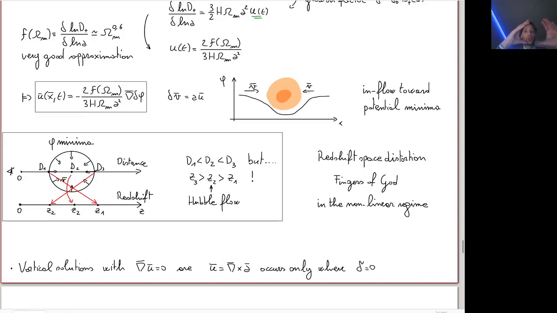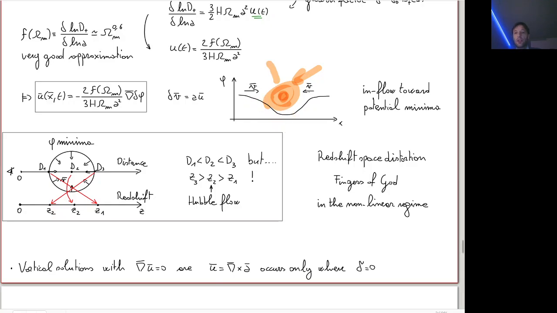How should the acceleration and the velocity caused by the gravitational force of this material be? Well, they should point along the direction of the center of this overdensity, meaning the velocity field must be aligned with the gradient of the gravitational potential.